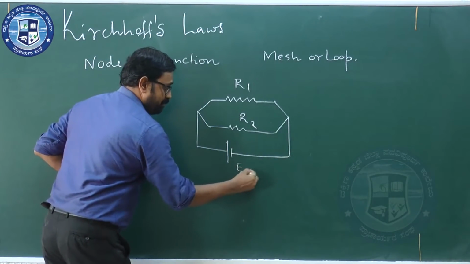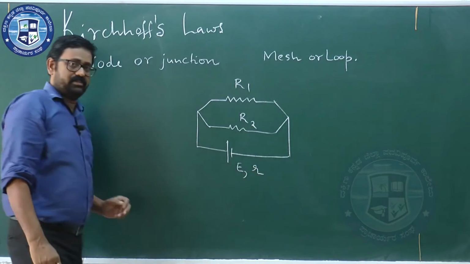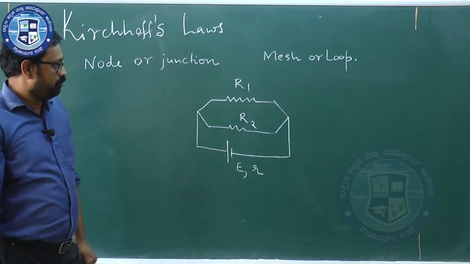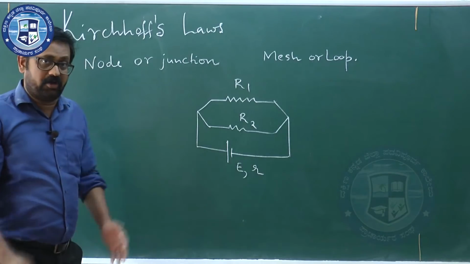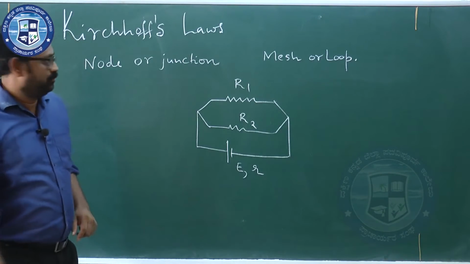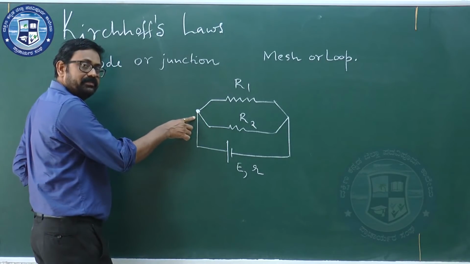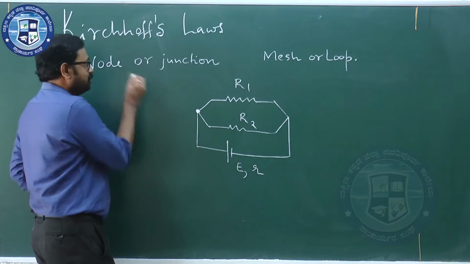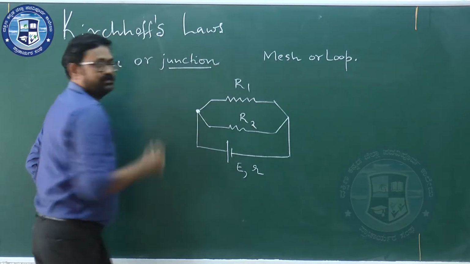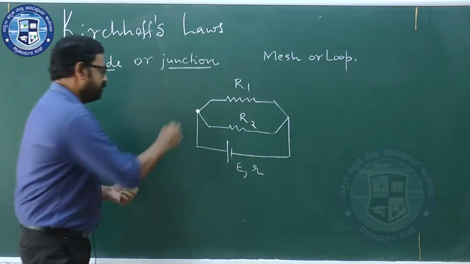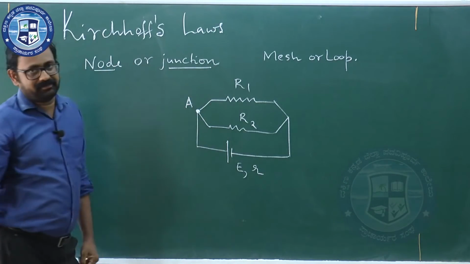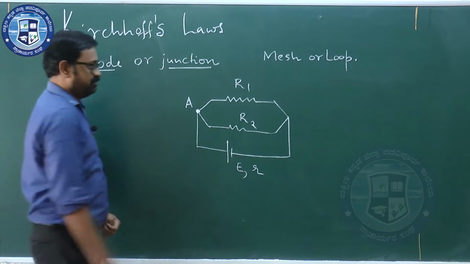The cell has some EMF E and internal resistance small r. Obviously this is an electrical network, or in simple words, an electrical circuit. Here this particular point I can call a node or a junction. For your reference, I will name that point as A. A can be called a node or a junction.